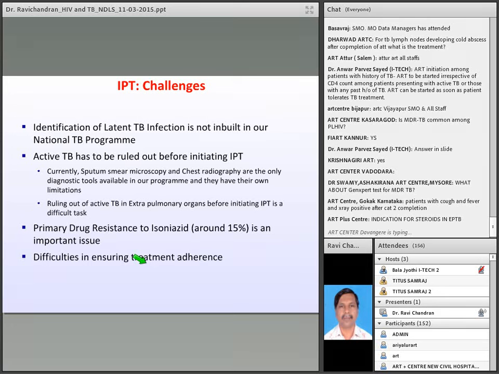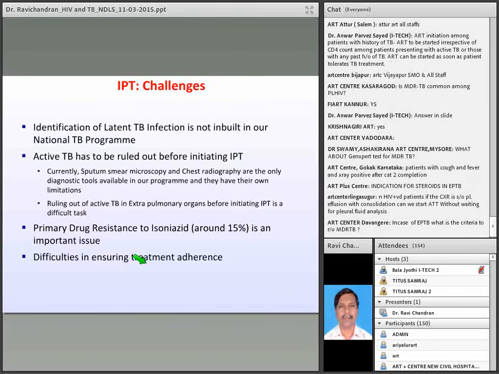But what are the challenges for IPT? The identification of latent tuberculosis infection is not inbuilt in our national TB program. Active TB has to be ruled out before initiating INH prophylactic therapy. Currently, sputum smear microscopy and chest radiography are the only diagnostic tools available in our program, and they have their own limitations.